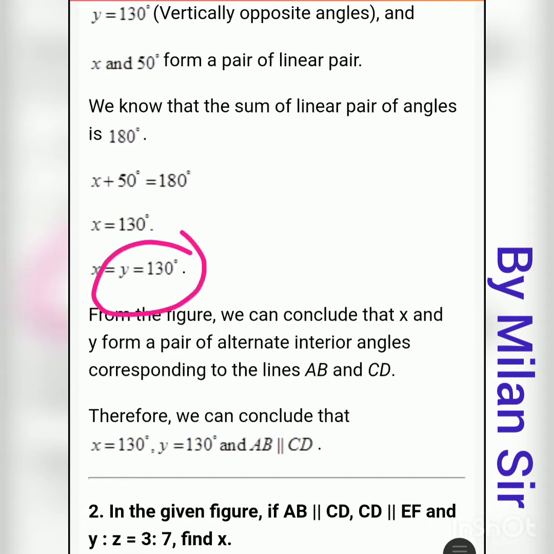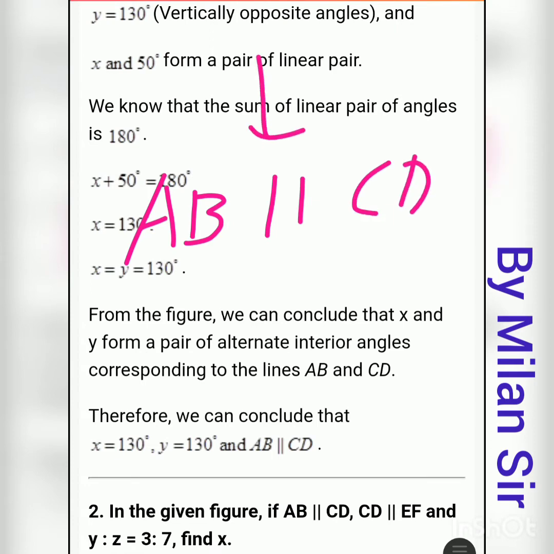The actual theorem is that if two lines are parallel, then alternate interior angles are the same, but we use it in reverse. Here our angles are the same, so the two lines are definitely parallel. Therefore AB is parallel to CD. This is the sign of parallel.